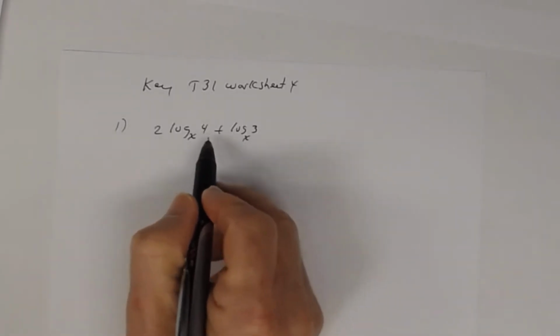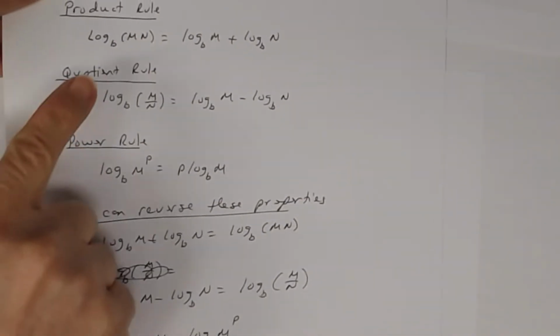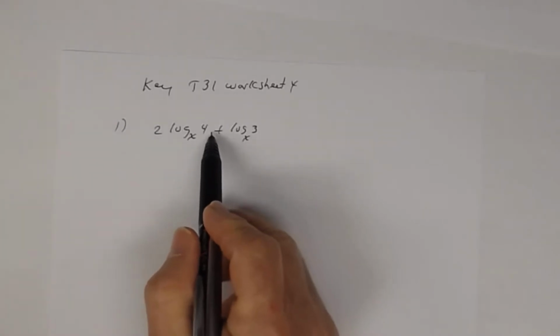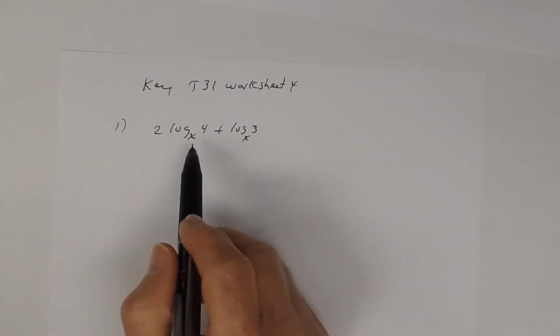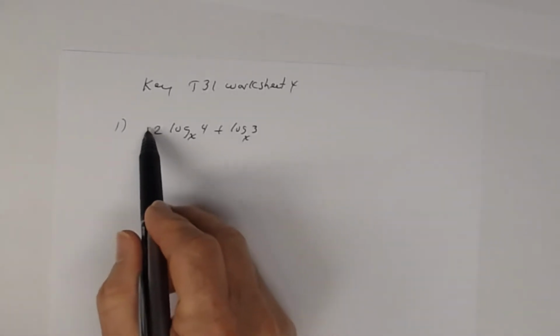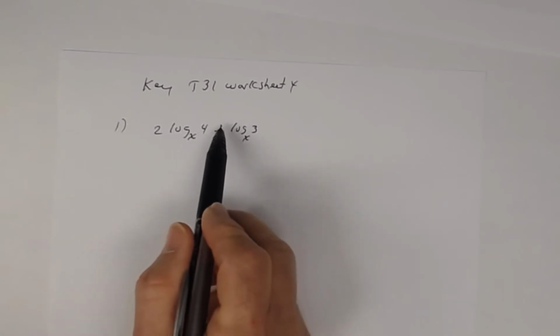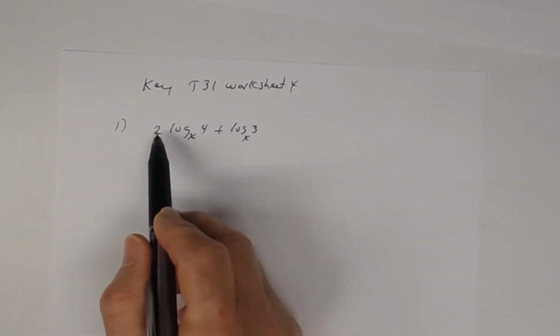Notice the bases are the same. So since those bases are the same, I can use these properties. What I want to do to condense is to write this as a single logarithm. So first of all, keep in mind, I have that coefficient right here. If you're going to write as a single logarithm, those coefficients have to be 1s. That's a 1 already. That is not.